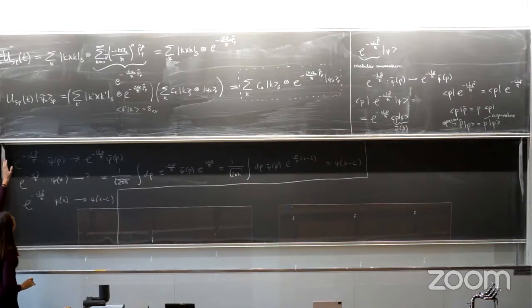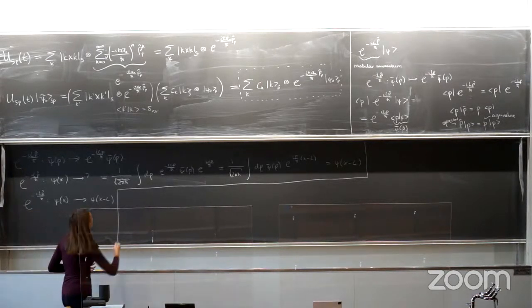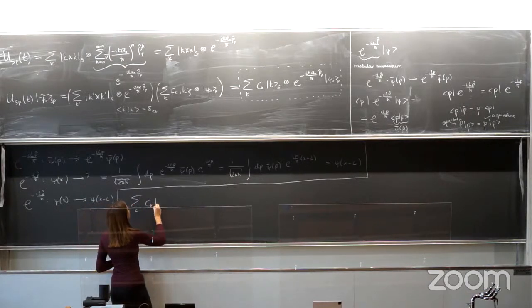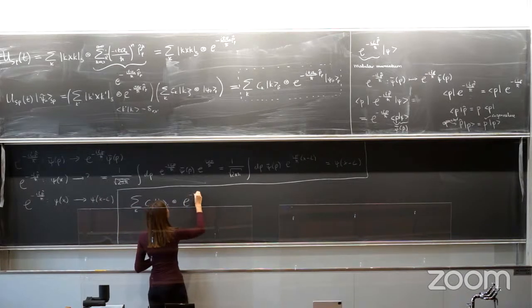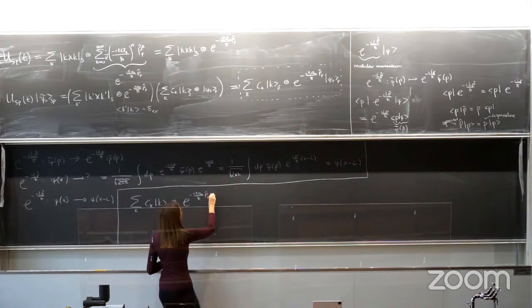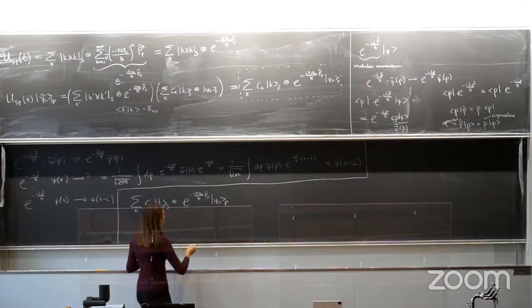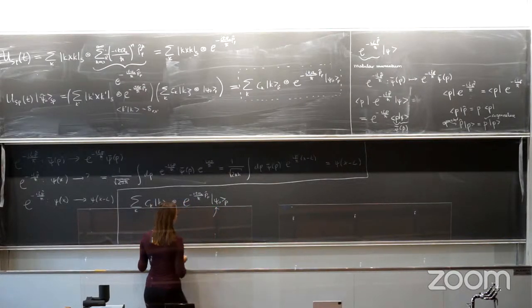So we have the state sum over k, c_k, |k> on S, tensor product with e to the power minus i a_k over h bar p on P acting on psi 0 of p. So let us write psi 0 in the position basis. What we get is the integral over dx psi 0 of x.